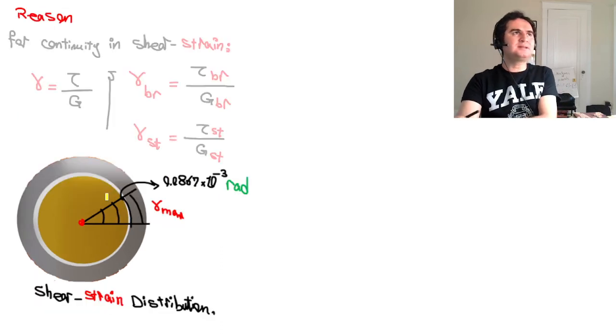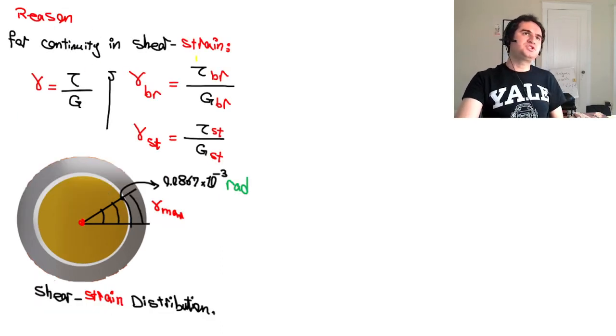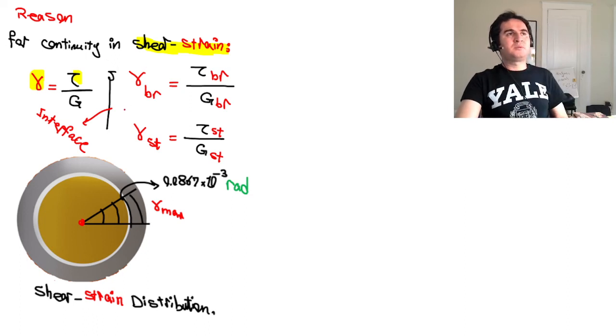For continuity in shear strain, we know gamma is tau over G. At the interface of two materials, gamma brass goes by shear of brass over the rigidity modulus of brass, and for steel the same.